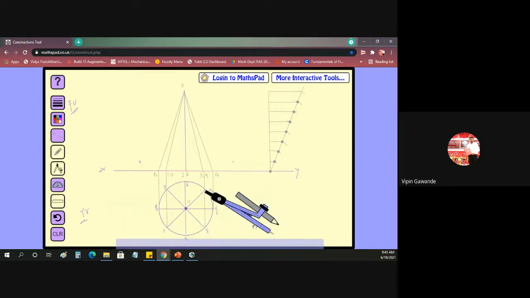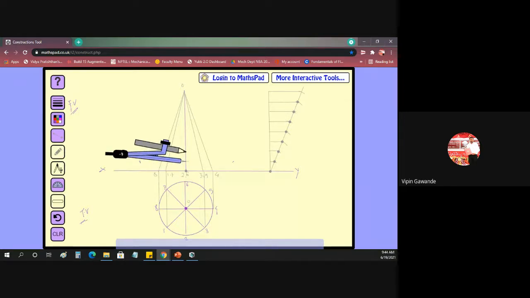So I'm now taking this division in the compass, whatever division I have taken, see here. So let me take those divisions in the compass on the vertical line. I will mark those divisions here on our axis. So this is 1, 1 division.